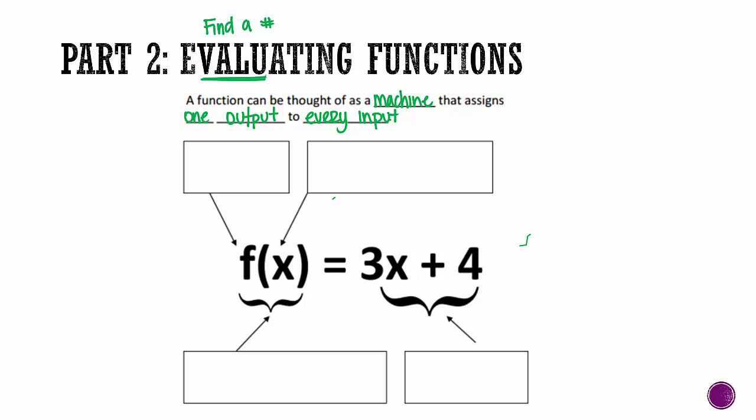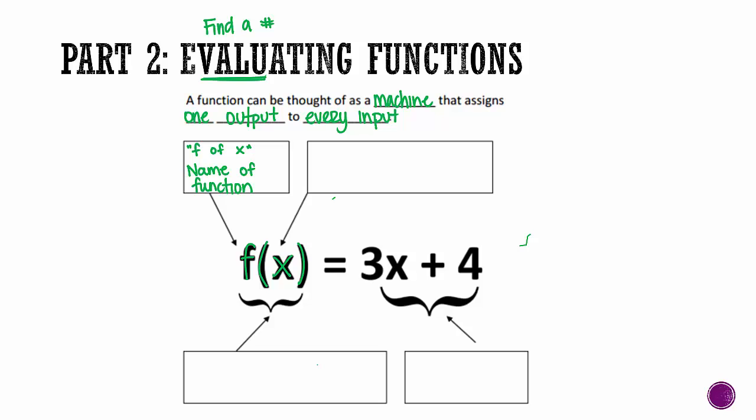And this is function notation. So this f of x, remember that's how you say it, is just the name of the function. We like to use f because of function, but sometimes we use g, sometimes we use h.